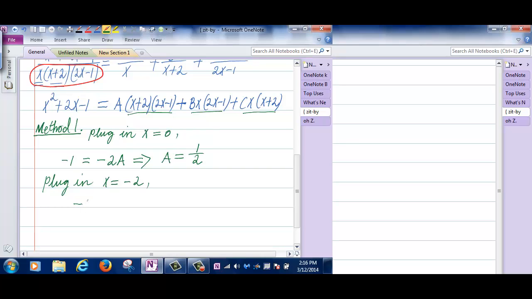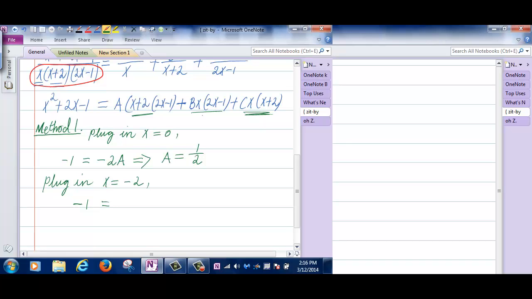Negative 1. Because negative 2 squared is positive 4, and then 2 times negative 2 is negative 4, so they cancel out. And on the right-hand side, when I plug in negative 2 here, I get 0. And when I plug in negative 2 here, I get 0.